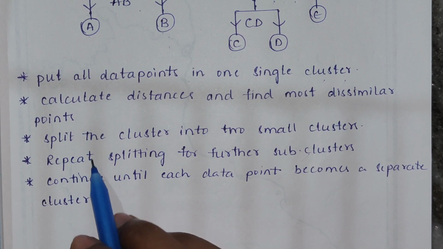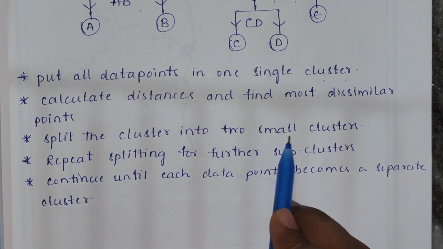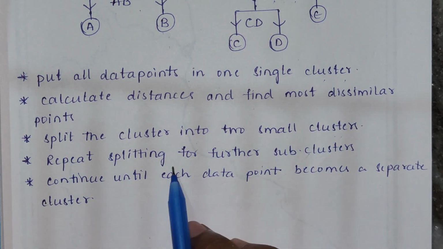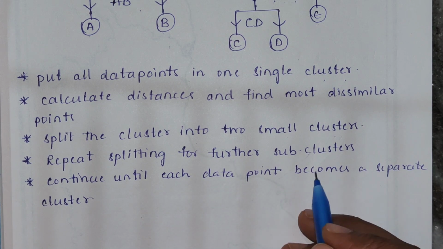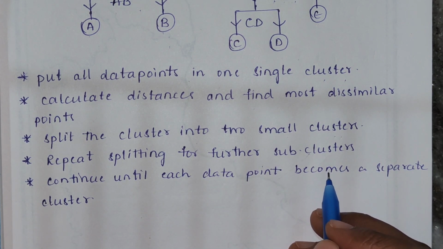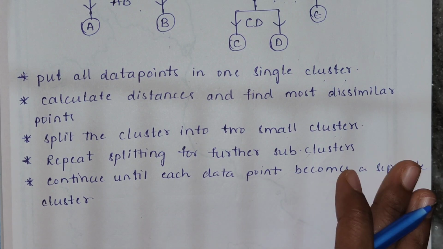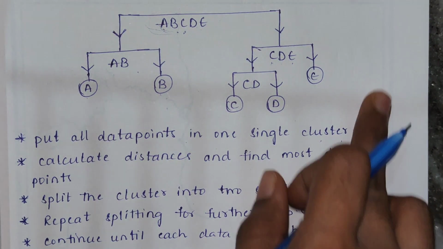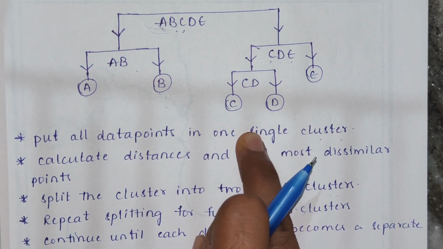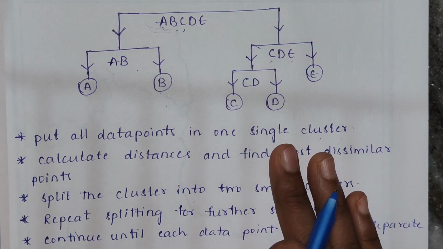After finding them, we split the cluster into two smaller clusters, and by repeating the splitting for further subclusters, we get all single data points. After that, we construct a dendrogram like this. A dendrogram is nothing but this tree-like structure. That is about divisive clustering.